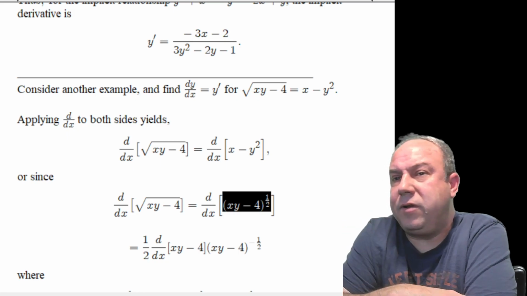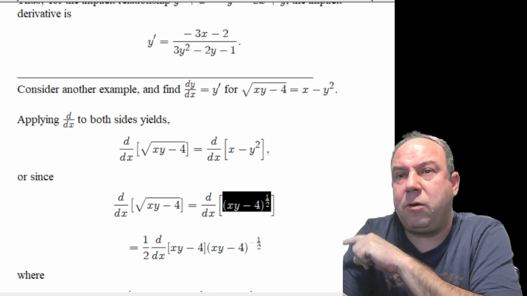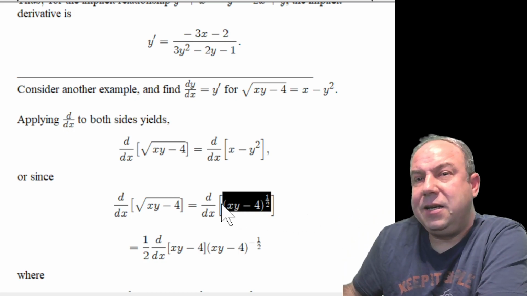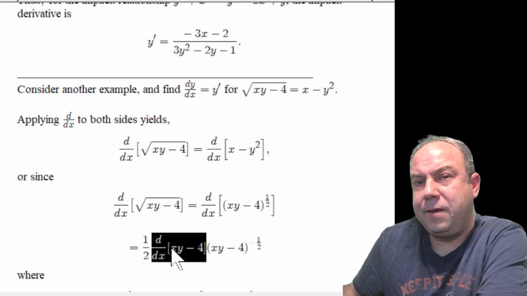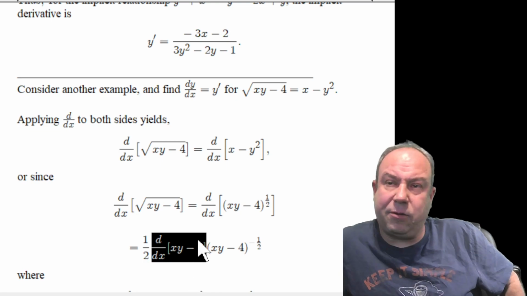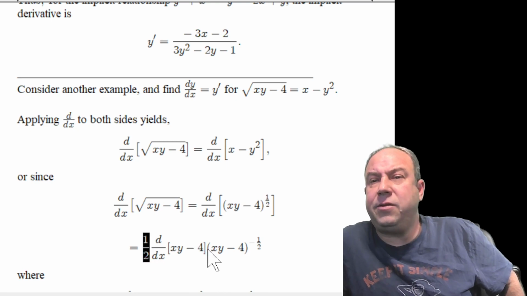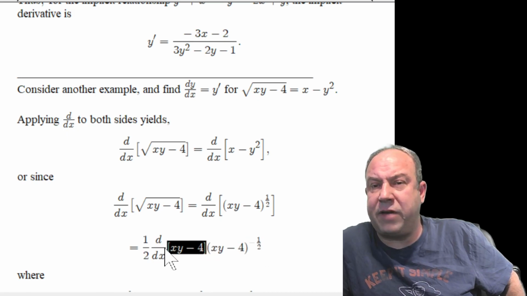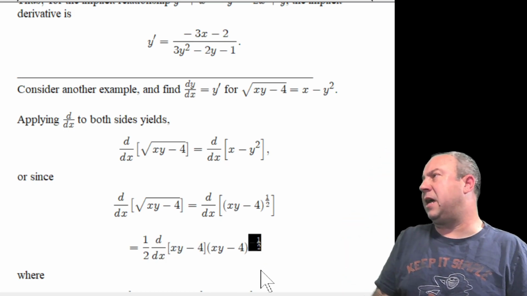If we apply our derivative operator to that statement, using the power rule for functions in the form of a chain rule, the result is the derivative of the interior, xy minus 4, times the exterior function's derivative, where you bring out the power of 1/2, take your old interior xy minus 4, and decrease the power by 1. That would drop it down to negative 1/2.